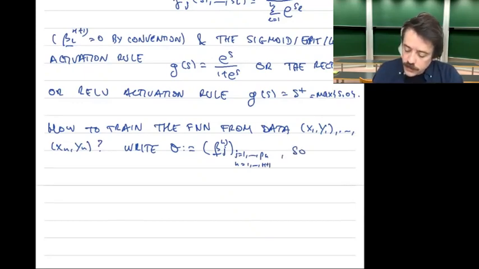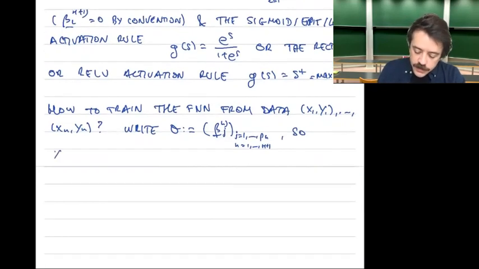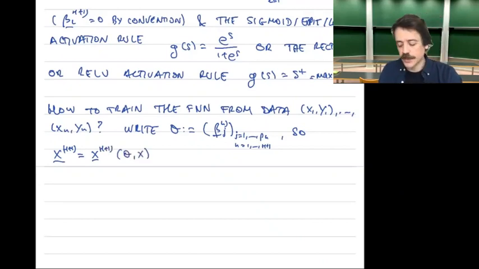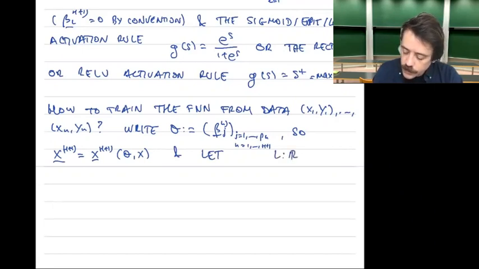So what we really have is x_{H+1} being a function of not only the input but also of theta. We may write it in one way or another, and let the loss map from R^L times R^L to R positive, of course. There is some abuse of notation here because the capital L means different things.